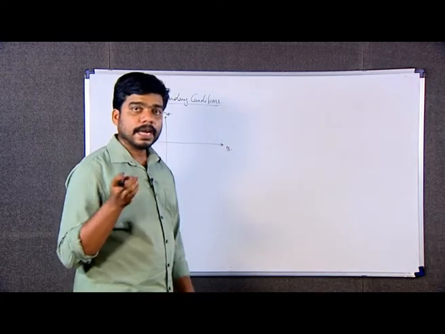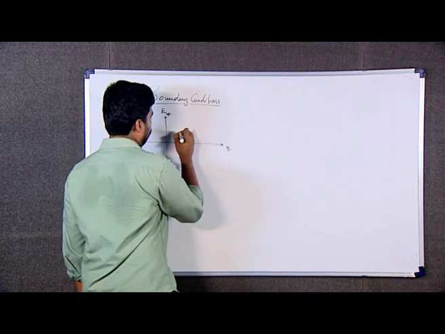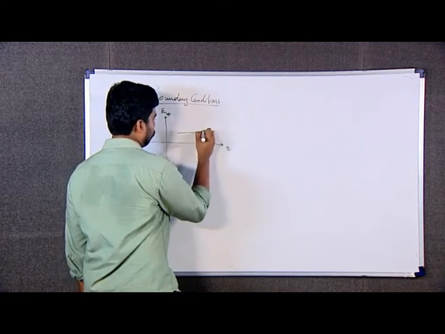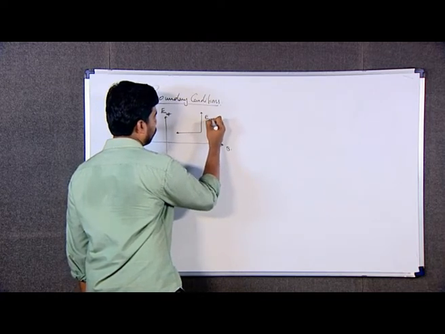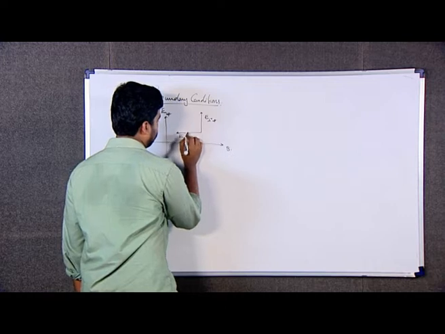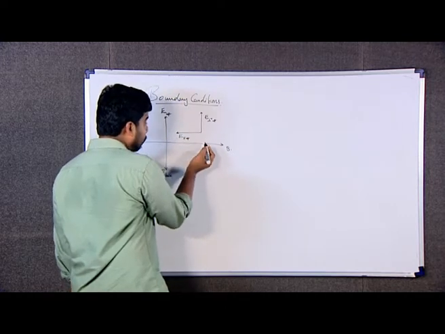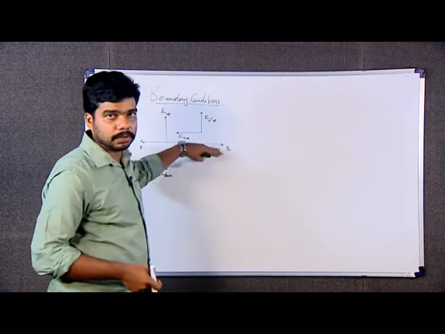So this upper electric field is divided into two components: its perpendicular component, E perpendicular up, and E parallel up component. The parallel component means the component which is parallel to this boundary.